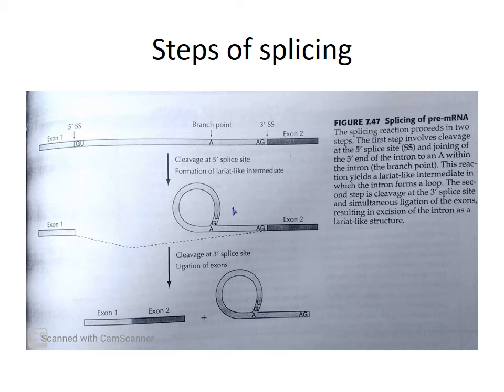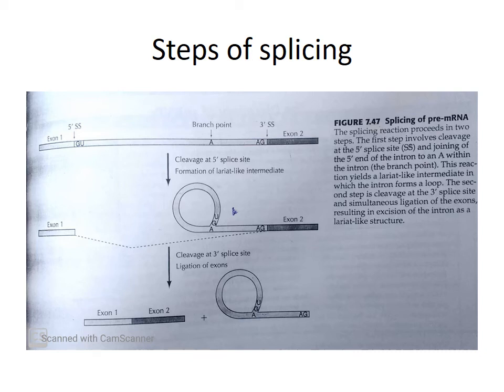But how will it bind with some adenine present in this intron? It will cleave from exon 1 and bind somewhere in the intron itself, where an adenine is present, and that point is known as the branch point.